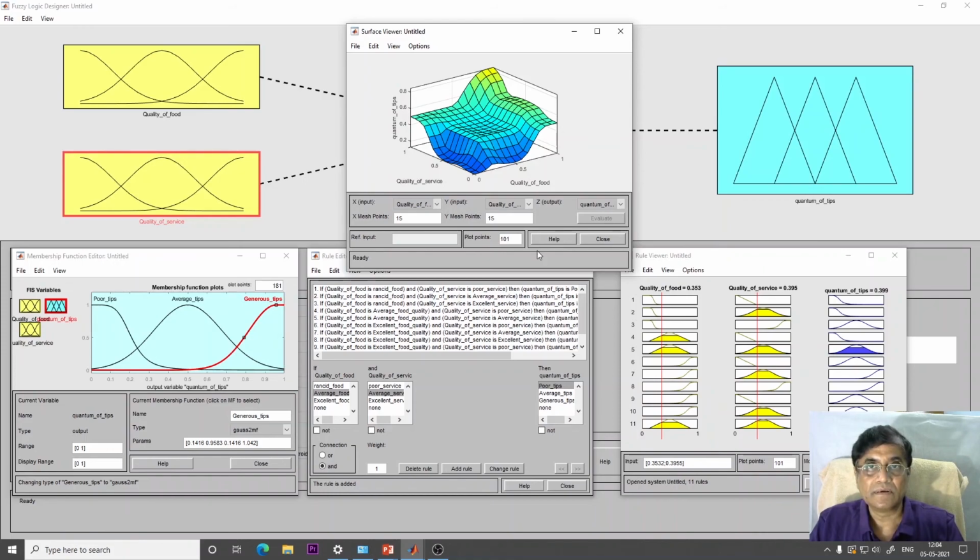But if you want a customized, very good design, you'll have to put in that effort. Okay, so there is no freelance, right? So you put in your effort, you collect data, you design, redesign, you can make it a more sophisticated design. Okay, but this is the basic idea of how an expert system can be designed using fuzzy logic.